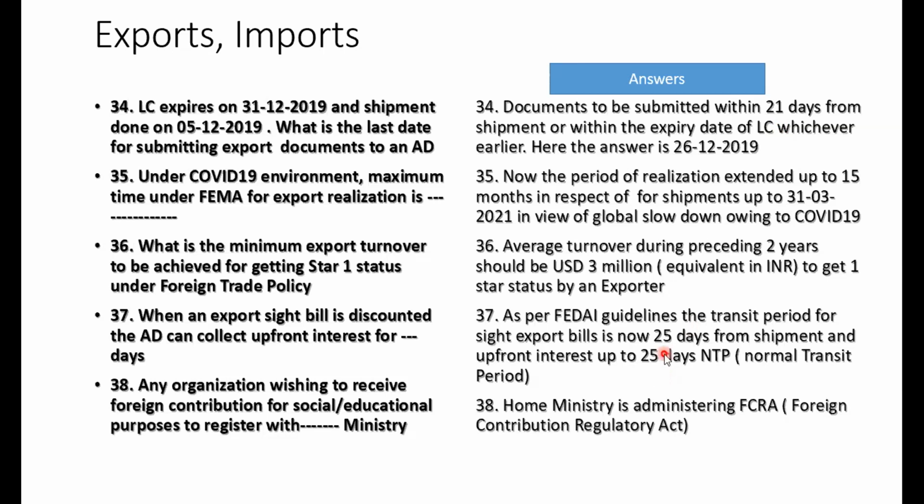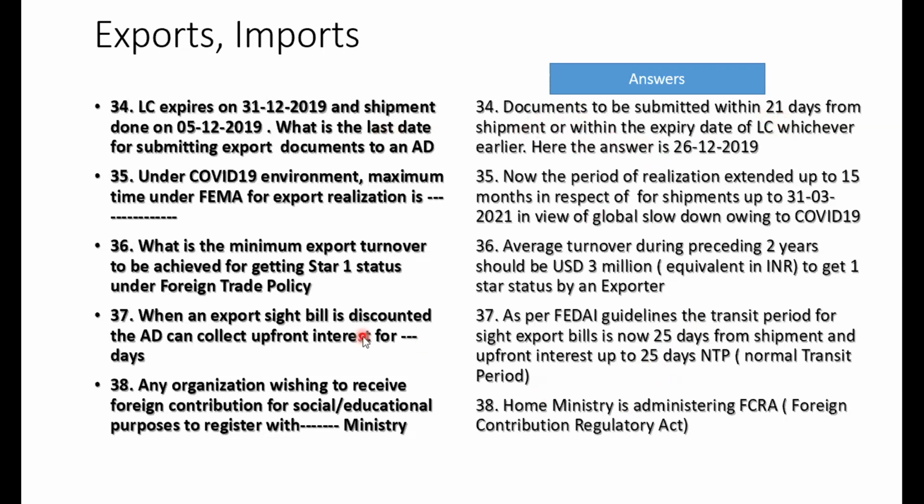What is the confusion? This is different. This is to tender the document under a letter of credit. Supposing an exporter has to submit the letter of credit documents to his bank, that is 21 days from the date of shipment or within the expiry of the LC, whichever is earlier.